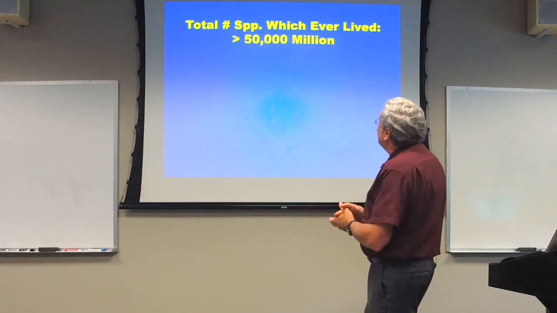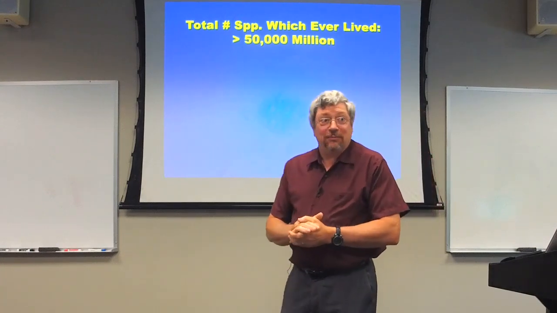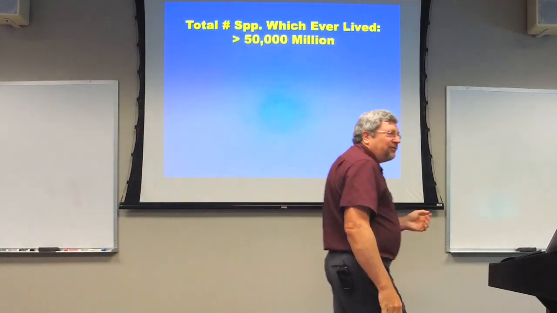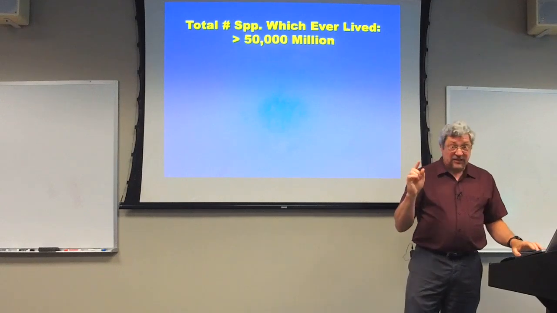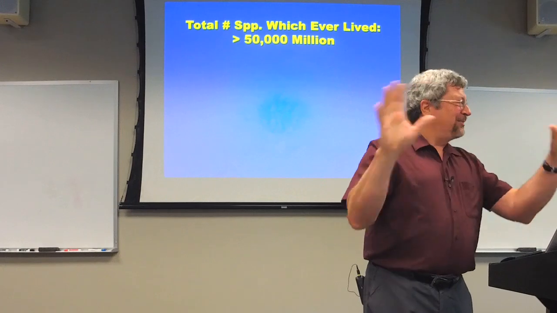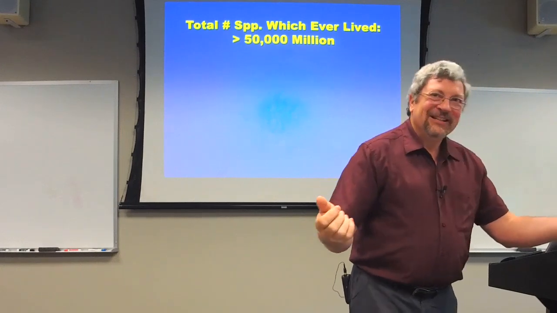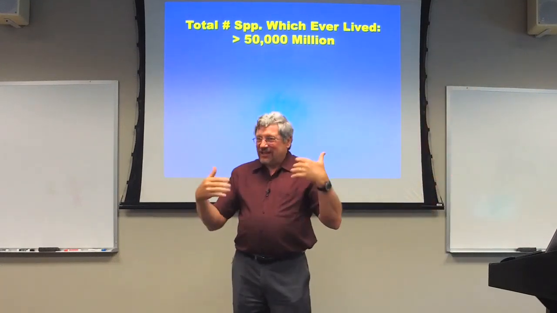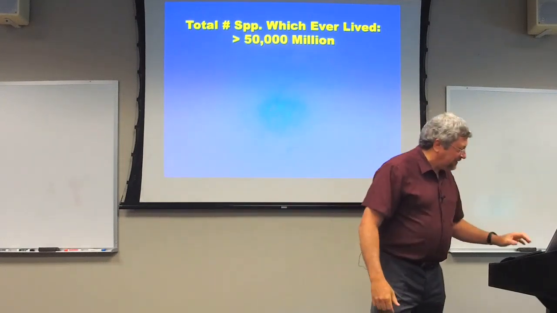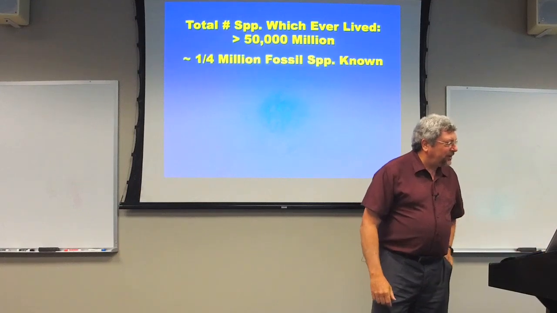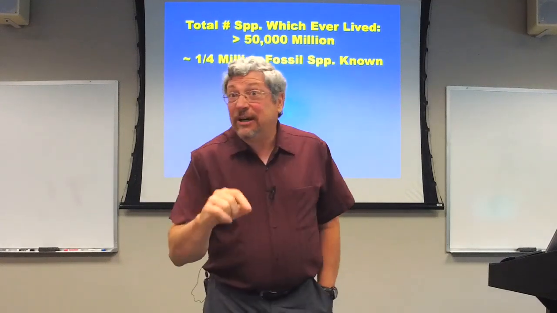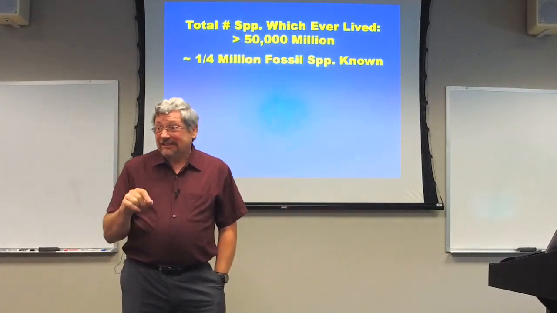The total number of species which have ever lived is something in excess, by this calculation, of 50 billion. 50 billion species at least have lived, because we're going to assume for the moment that the record that we do have is incomplete. But there's a minimum, based on the record we do have, of 50 billion species that have ever lived. But we've only named to date about 250,000 fossil species.